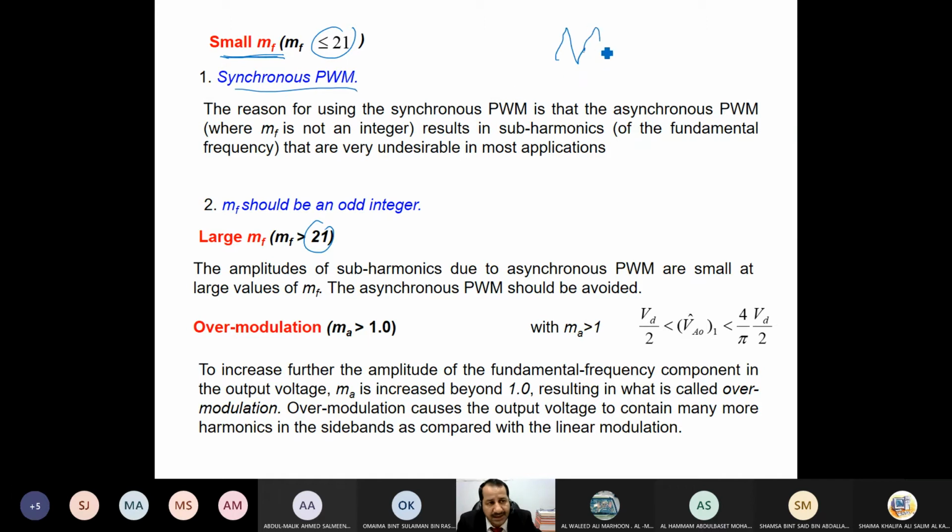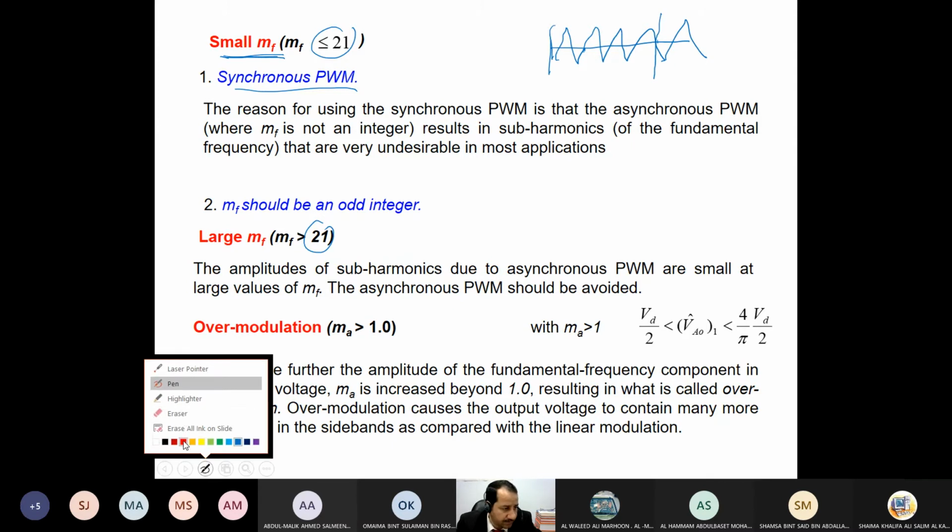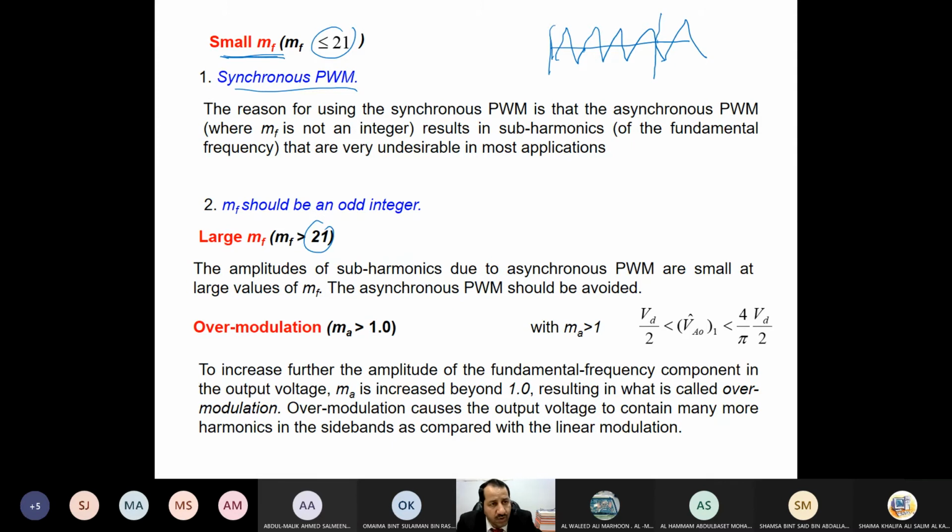What does it mean? Let's assume this is my triangle, okay? And then start here. Let me stop here. I will change the color. If my control signal starts together and finishes together here, then we have synchronization.